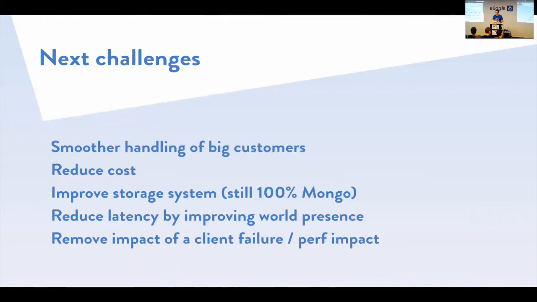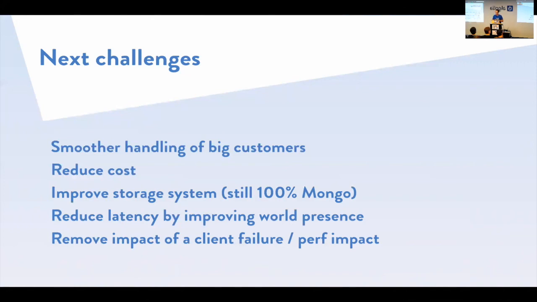The next challenges: we want a smoother handling of big customers. We don't want it to be that stressful for us. We want to reduce our cost because AWS is costly, and we could be better on this.